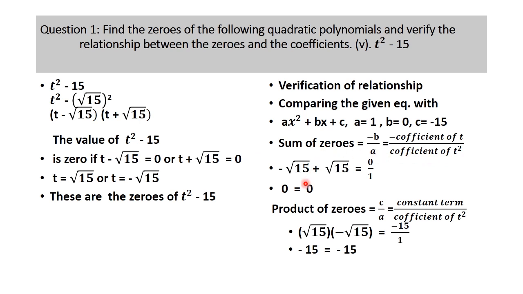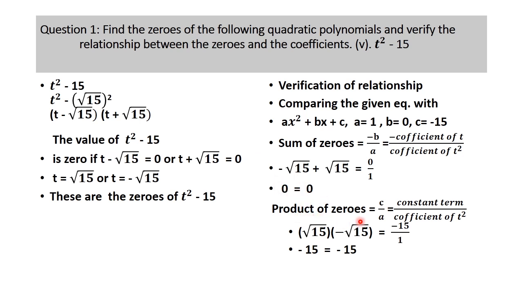So the sum of zeros, minus under root 15 plus under root 15, one term is positive, the other is negative, the same term, so this cancels out and we will get 0. The other side is 0 upon 1, so this is 0. So the left hand side is equal to the right hand side.